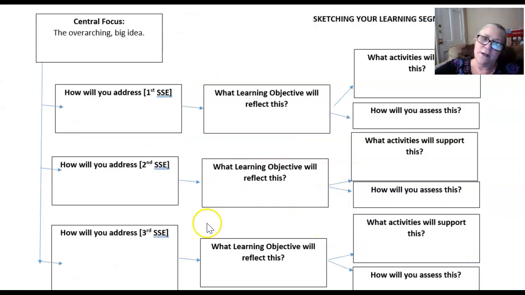So he would put technical skills, engineering design, and whatever that third one was. I know it was problem solving, but anyway. So then on that first SSE, what objective in the segment could reflect that, and what activities, and how would you assess it? So this is the one for anybody in secondary ed. This is what they can use.